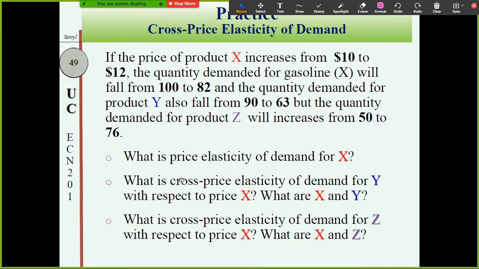I have 3 questions. What is the price elasticity of demand for good X? No mention about beginning, ending, new price, so use the midpoint price.